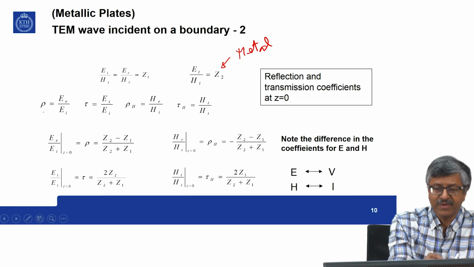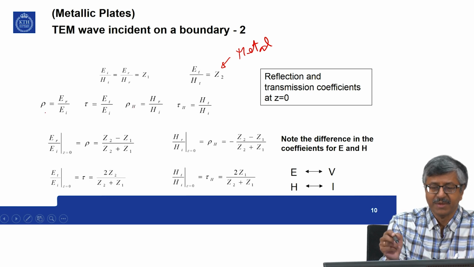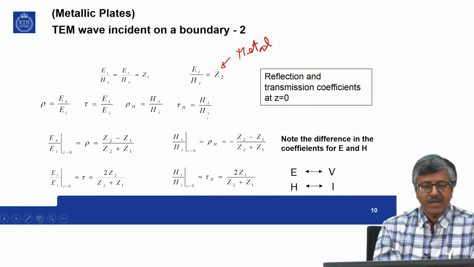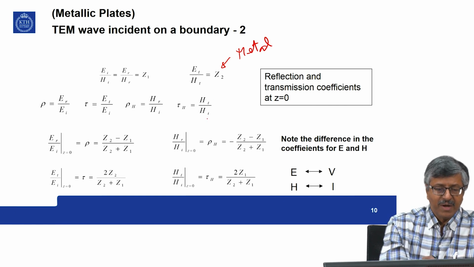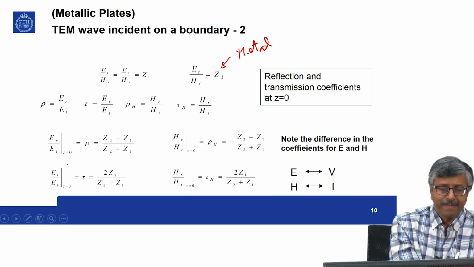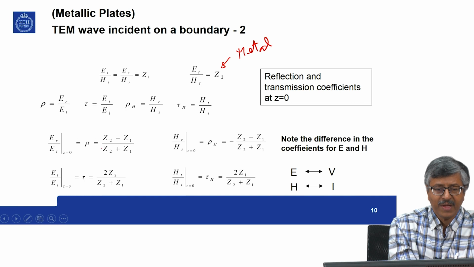For electric field we do not use any subscript. So, reflected versus incident, and for transmission, transmitted versus incident. So, this at the very boundary, ER by EI at z equal to 0, that is the reflection coefficient.